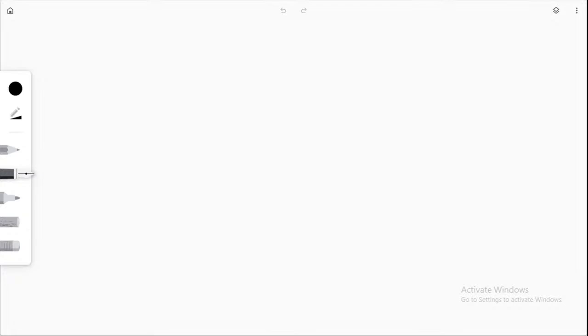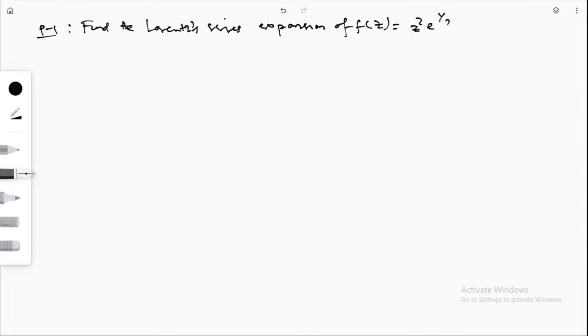Let the first problem be: find the Laurent series expansion of f of z, which is z square e to the power 1 by z, about z is equal to 0.